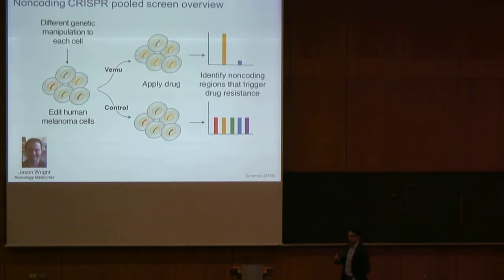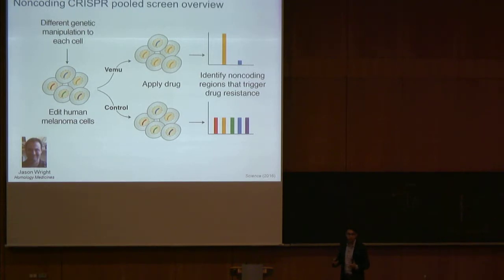I've been hinting at this, but I didn't tell you what the nature of the pooled screen is, and this is work that I did with Jason, who's now at Homology Medicines. We take these BRAF mutant cells, which are human melanoma cells, and it's important to emphasize that they're human because typically we don't think about human cells as a genetic model organism. We think about using Drosophila or mice or bacteria.